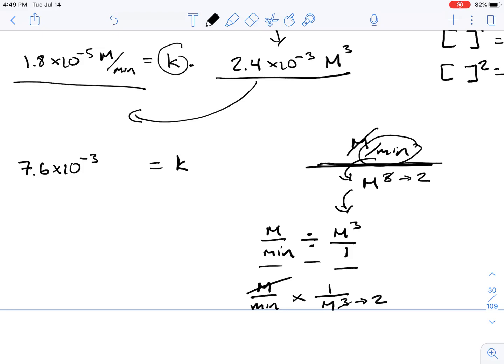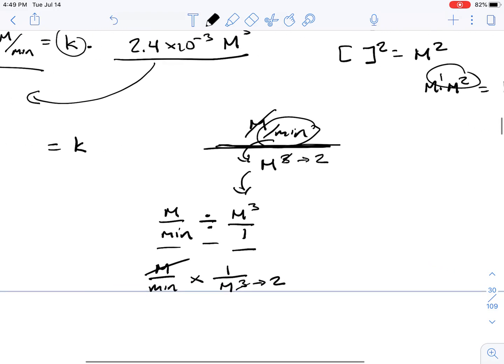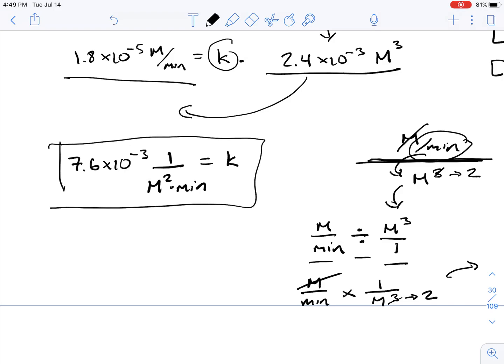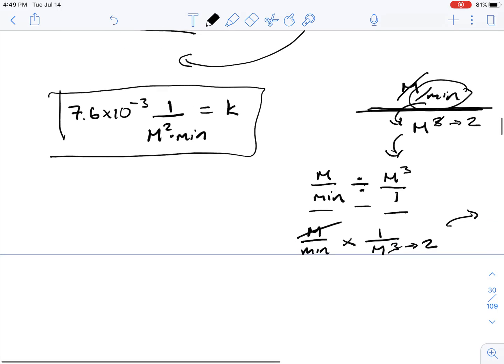And notice that your minute is in the denominator. And so the overall unit is going to be 1 over molarity squared times this by per minute. Okay, so this is 1 over M squared times minute. And so this is how you determine the rate constant K for this rate law.